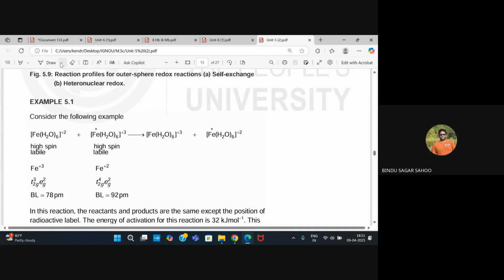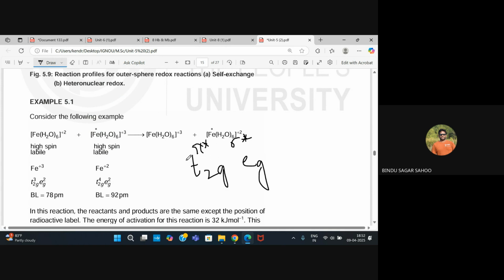When I mention t2g, in other words I can say this is a pi star orbital configuration. When I say eg, we can represent it as sigma star. So here in electron transfer, pi star doesn't mean an antibonding orbital. Pi star means it possesses pi orbital symmetry, which is similar to t2g orbital symmetry.